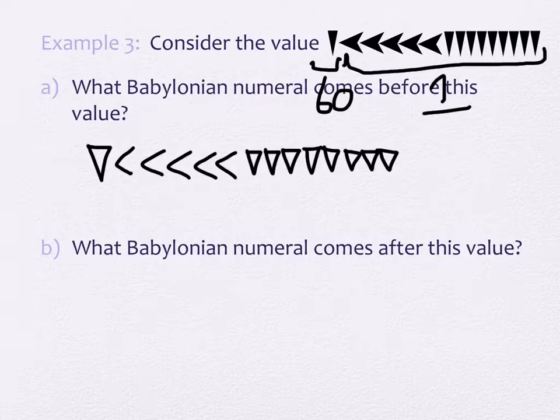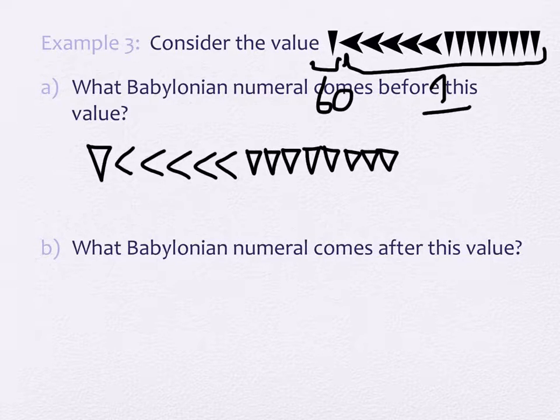But what happens when we do the number after? What comes after 59? 60. But you can't put 60 in a base 60 place. It's like I don't have a digit for the number 10, right? If I have 10 of something, it comes from a 1-digit number to a 2-digit number. I have to use another place value. The same thing here. Once I hit 60, I don't have anything, and I have to round up to the next place value.